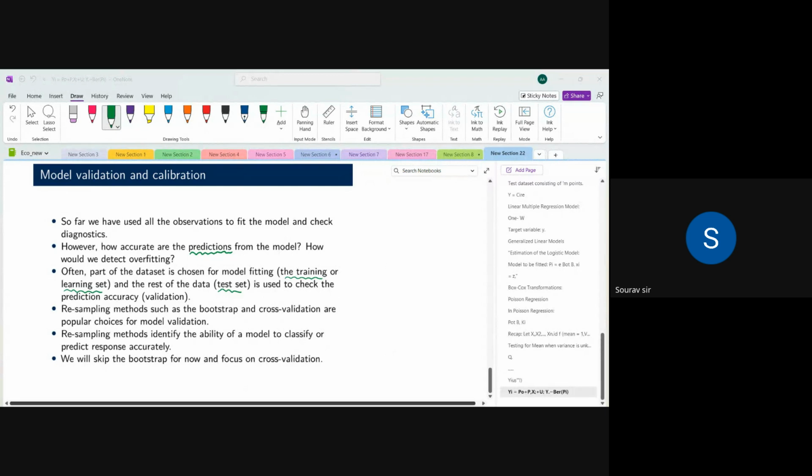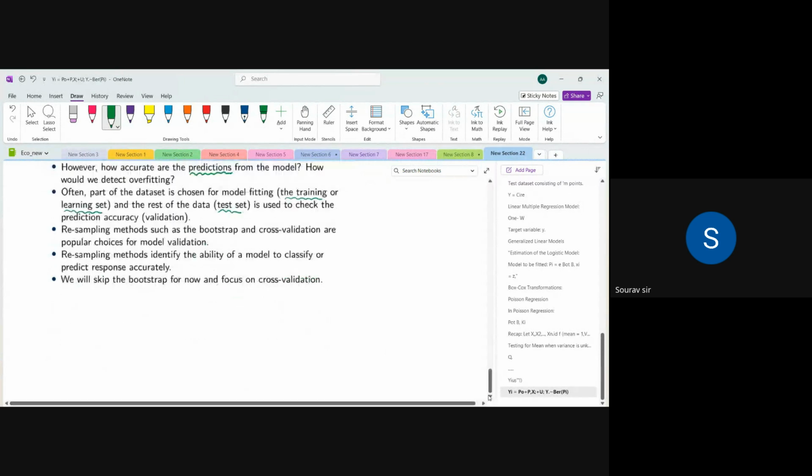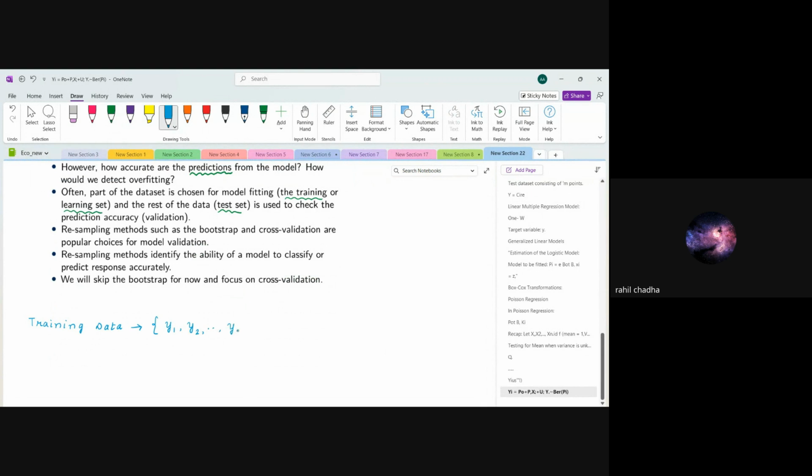Alright, understood? So let's say that I have a training data, which has size n, based on which I fit, let's say, the logistic regression.